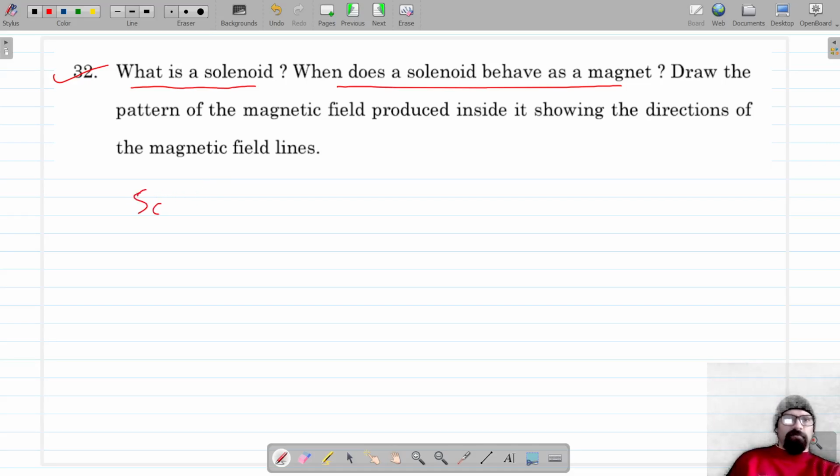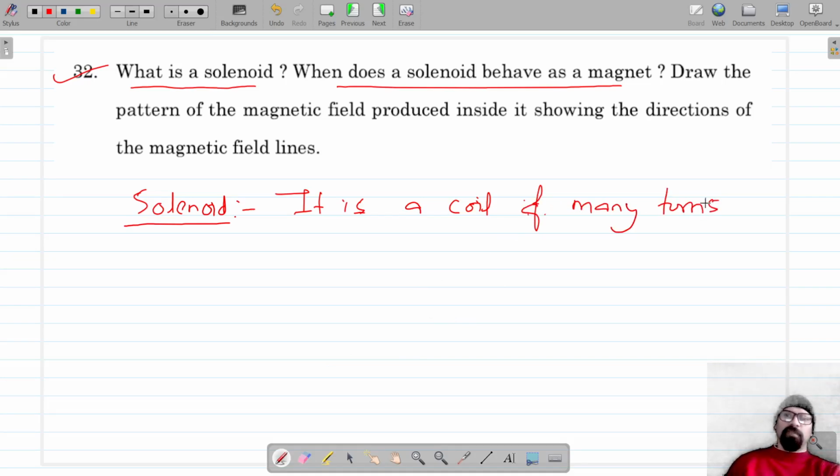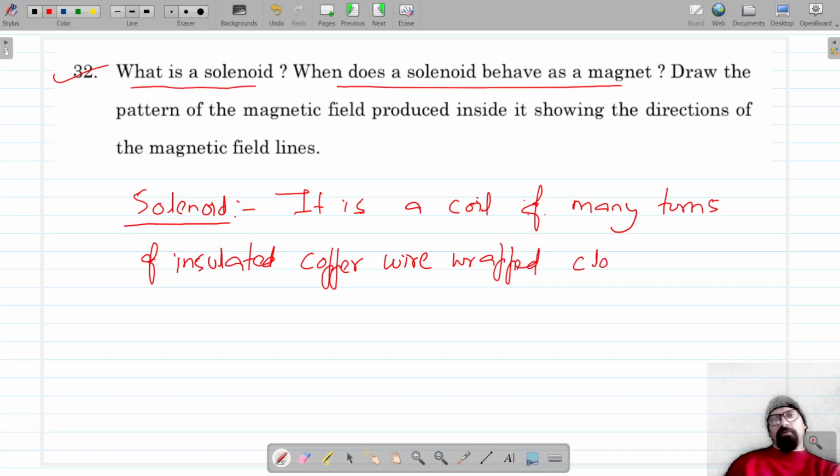A solenoid is a coil of many turns of insulated copper wire wrapped closely in the shape of a cylinder.